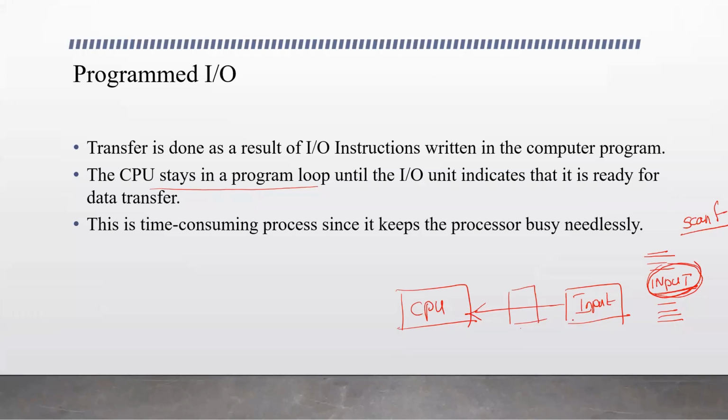When the input device is ready to transfer data, it places its data in the input register and sets the flag, let's say it is INF, the input flag, to 1. When this flag is set, the CPU knows that the input is available in the input register, and the CPU can now read the input data.